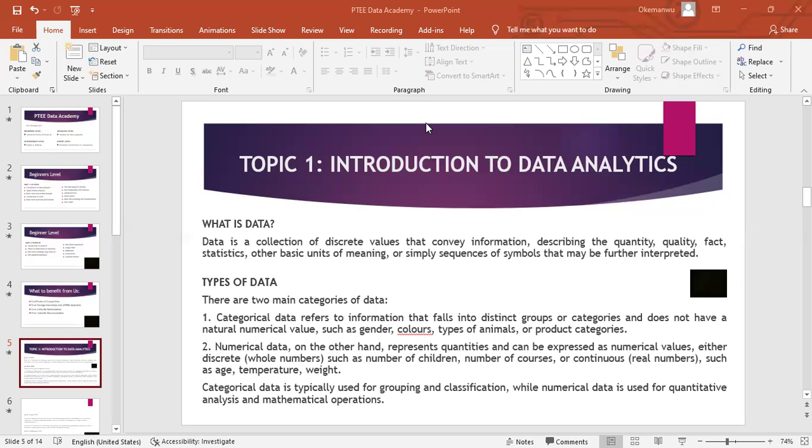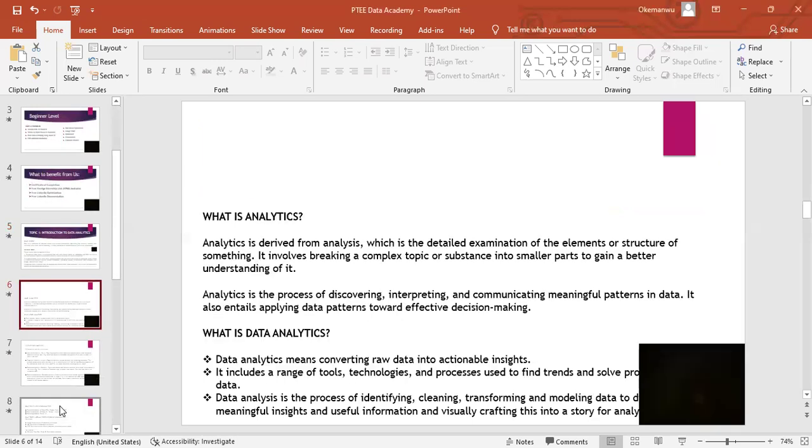The categorical data holds every data type that is text, that is alphabetical in nature, that is not number-based, while the numeric data holds data types that are number-based. So after that, we go straight to what analytics is.